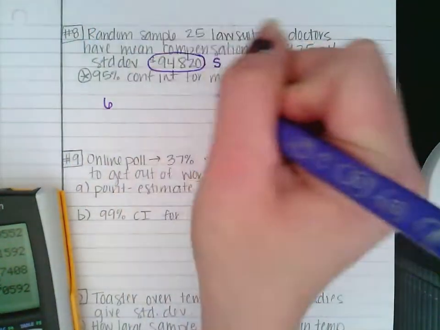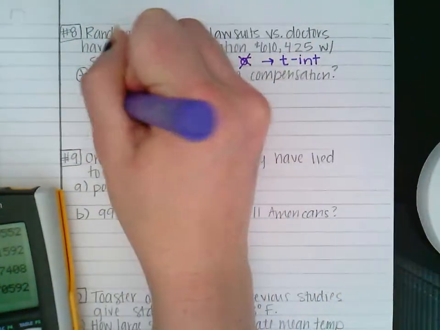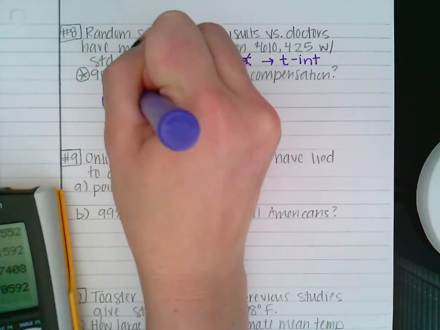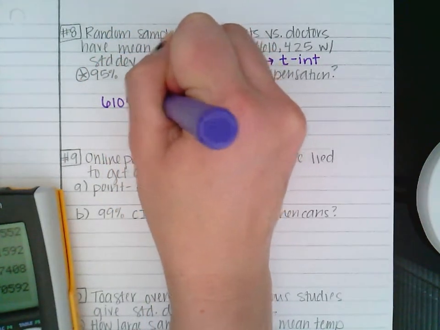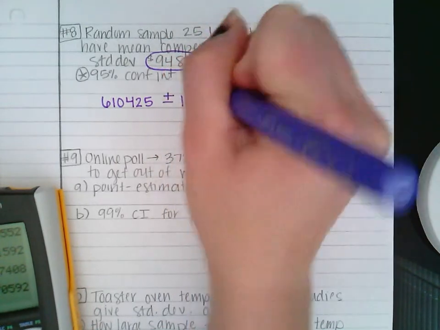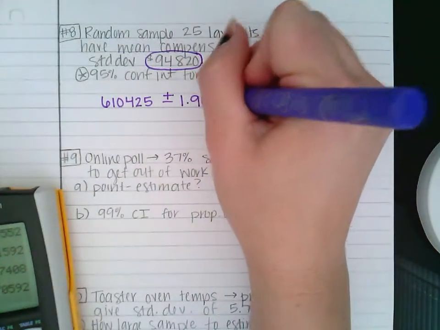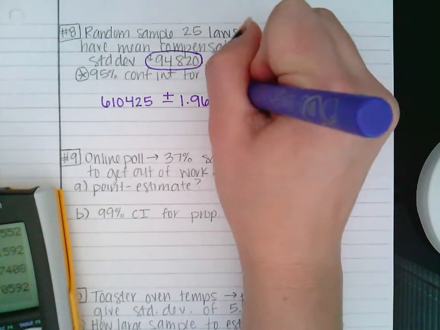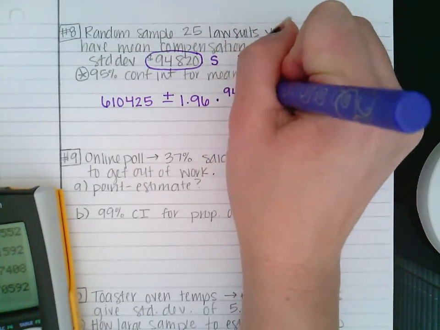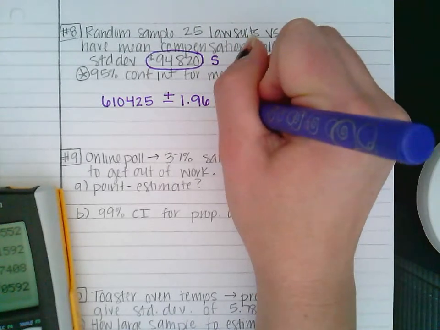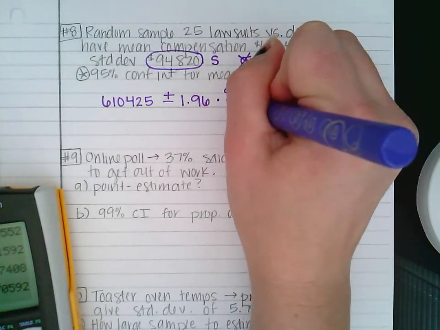So I'm going to use x bar, given to me here in the problem, plus or minus the critical value of 1.96 times standard deviation over the square root of n.